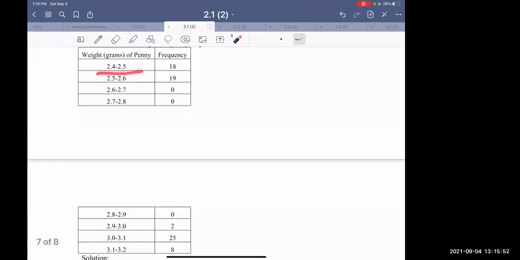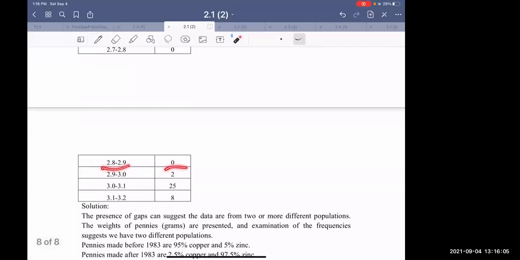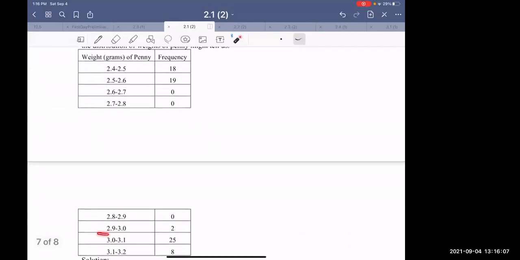So 2.4 to 2.5, 18. 2.5 to 2.6, 19. 2.6 to 2.7, 0. 2.7 to 2.8, 0. 2.8 to 2.9, 0. 2.9 to 3.0, 2. 3.0 to 3.1, 25. 3.1 to 3.2, 8. So now, what's going on? Why is this happening?